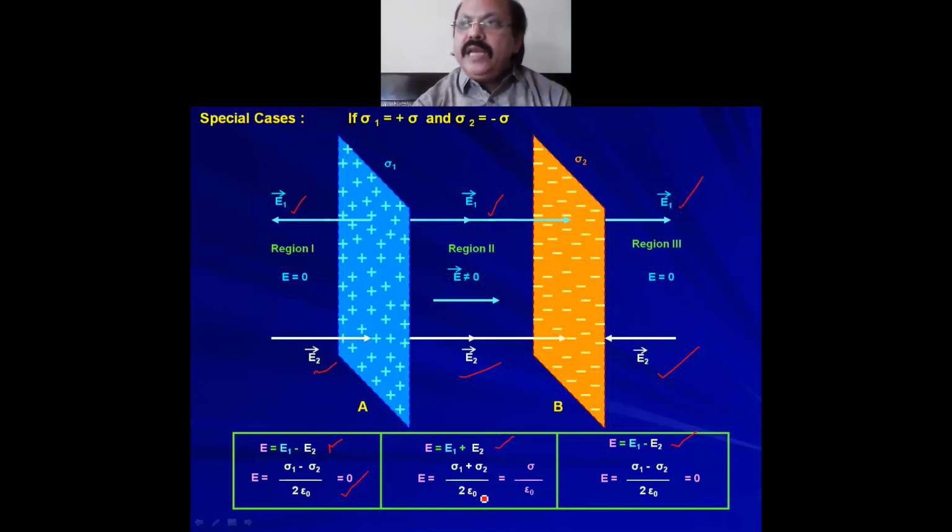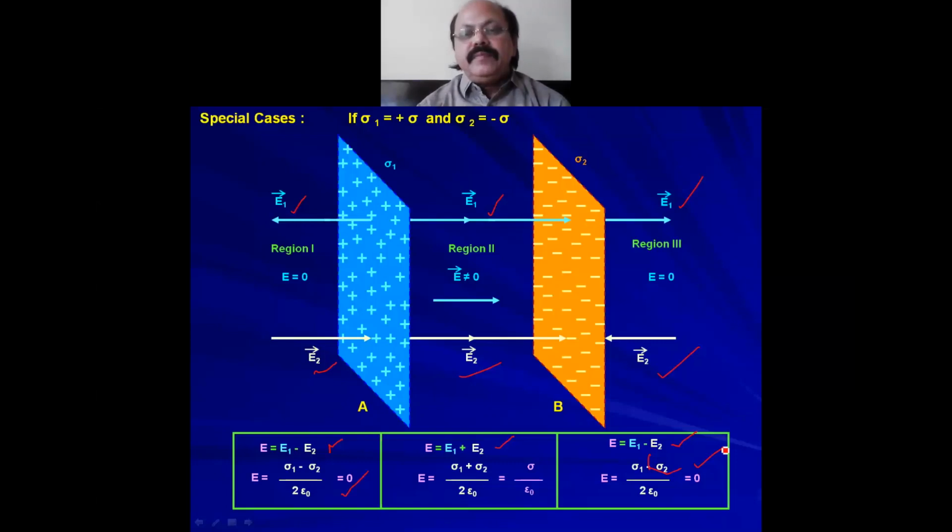When you substitute the above condition, sigma in place of sigma 1 and sigma in place of sigma 2, it becomes 2 sigma upon 2 epsilon naught. The 2 gets cancelled, only sigma upon epsilon naught. Similarly, in the third region, when you substitute the values, again you will get 0. That is sigma minus sigma upon 2 epsilon naught. Right? Now you remember it.